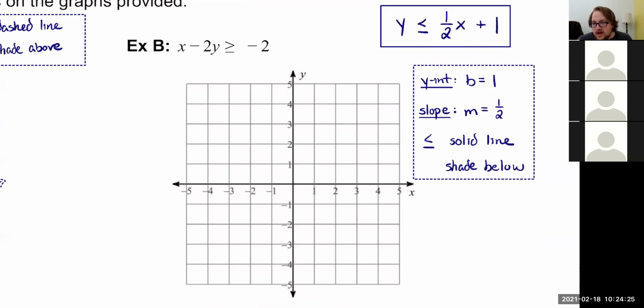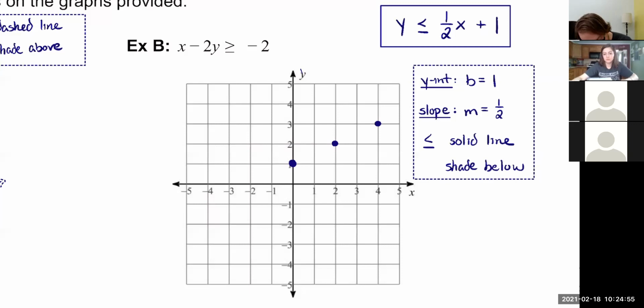So y-intercept is going to start us at +1 on the y-axis. It's going to give us our first point. Our slope has us traveling up or rising 1 unit before running to the right 2 units, for which I can do that a second time. And if I want a handful more or 2 more points, I can do the exact opposite.